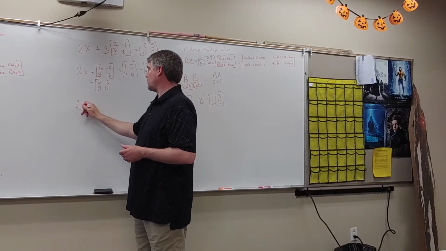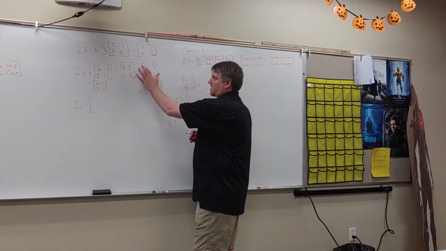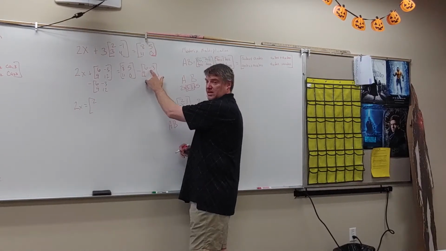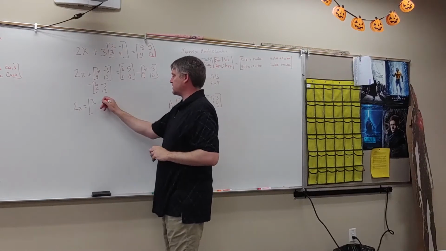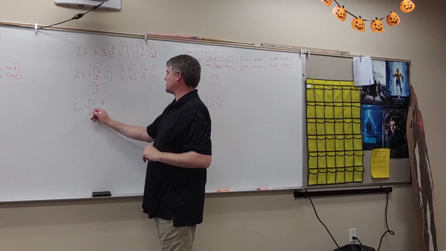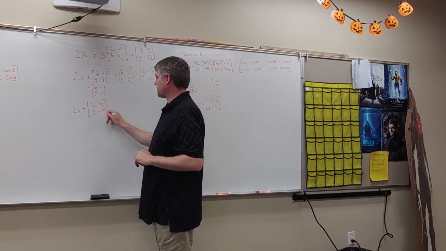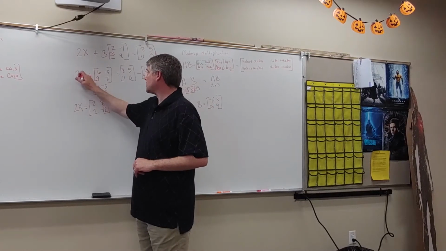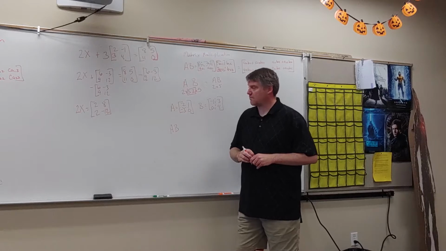Now I end up with 2X equals, and when I subtract this, I have 8 minus 6, which is 2, 5 minus -3, so minus a negative makes a positive, so 5 plus 3 is 8, 11 minus 9 is 2, 0 minus 12 is -12. That should be a big X, not a little x, because we're talking about a matrix. Capital letters identify matrices.